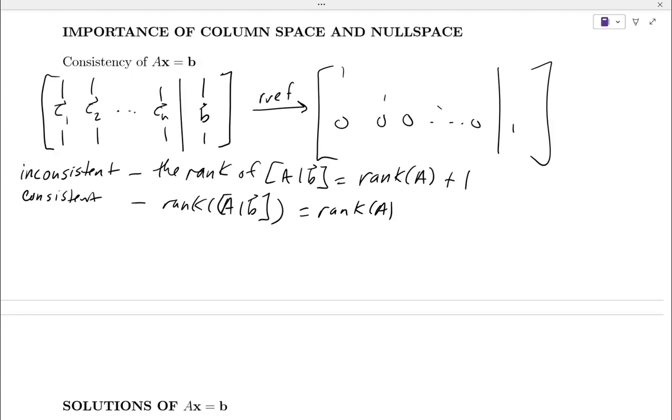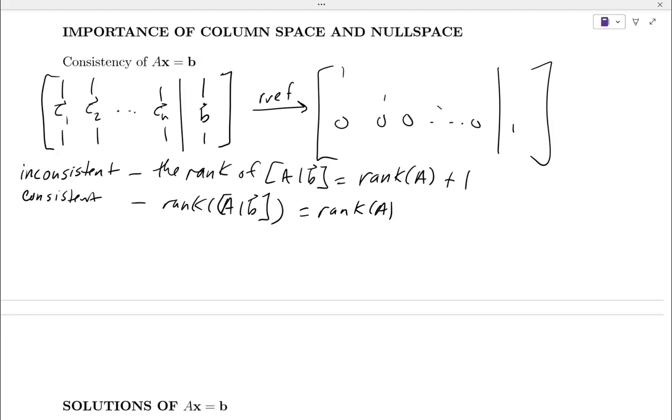What does that mean for that particular column? Why do we throw them out? What's the whole point of throwing out the other columns? Yeah, they're dependent, right? I can already write them as a linear combination of the other columns. That's the whole reason why we throw them out. We don't need them because they already depend on previous columns, right?